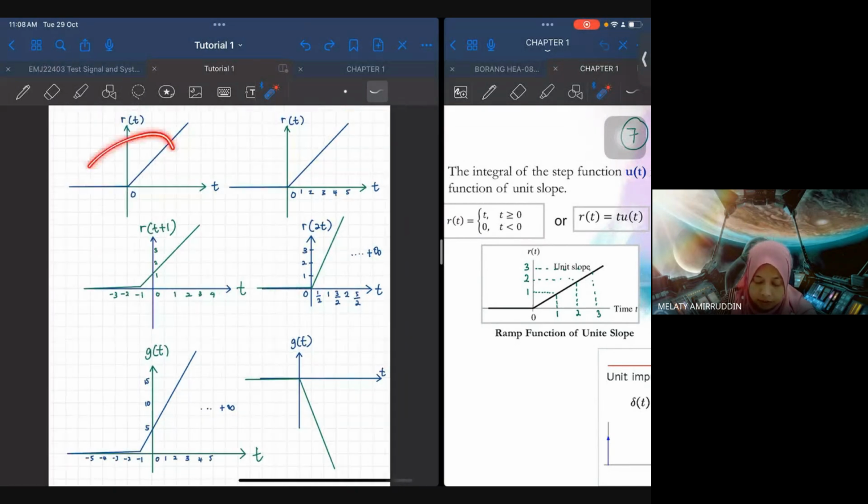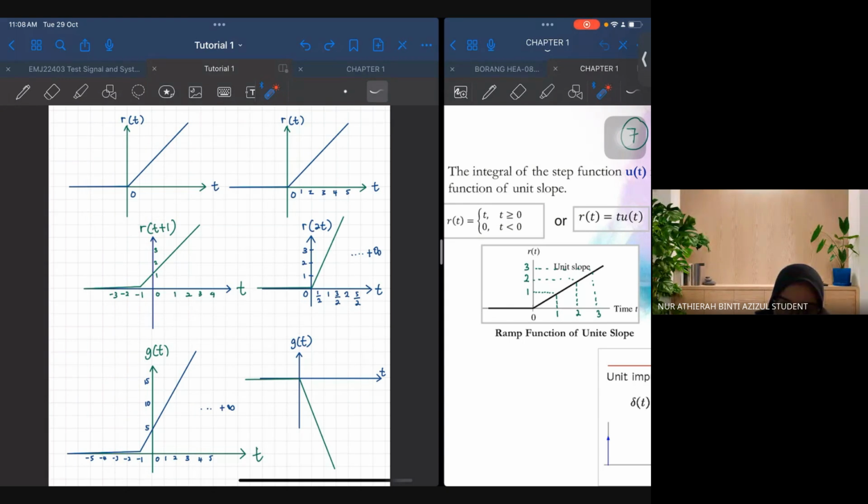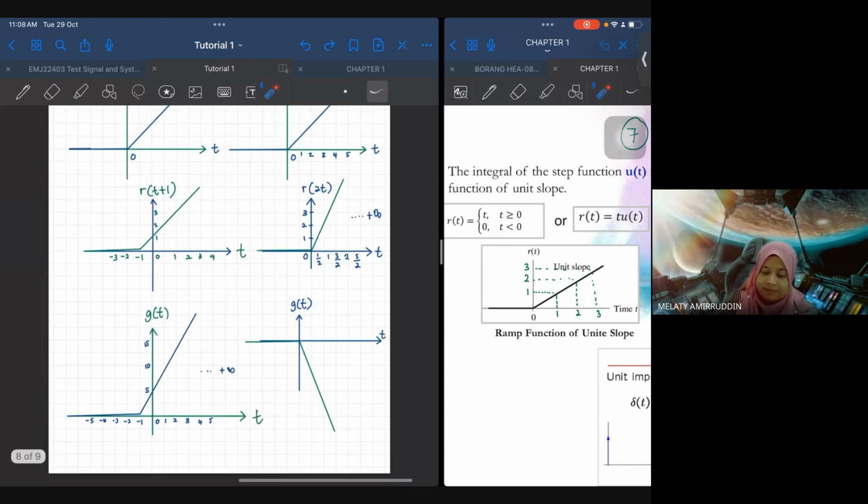Something like that. Because it is a very simple question. If you know how to do it, actually it's easy. Easy peasy.